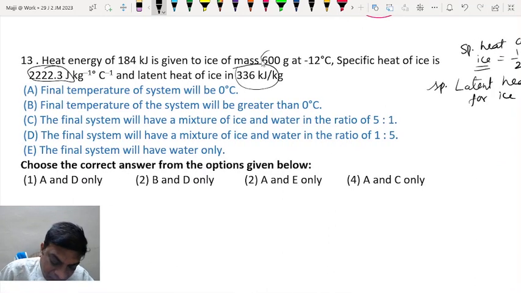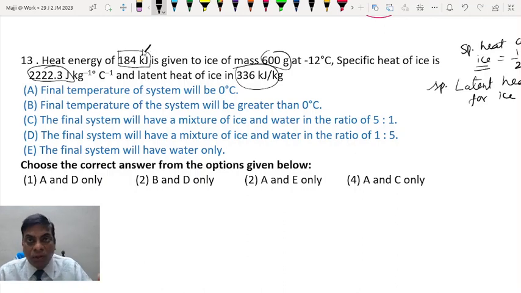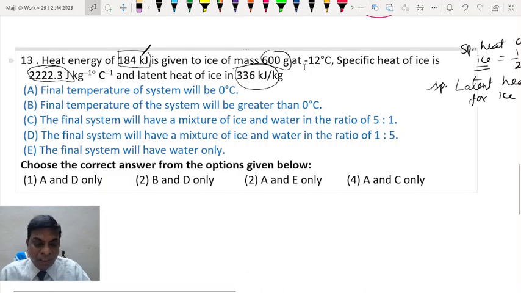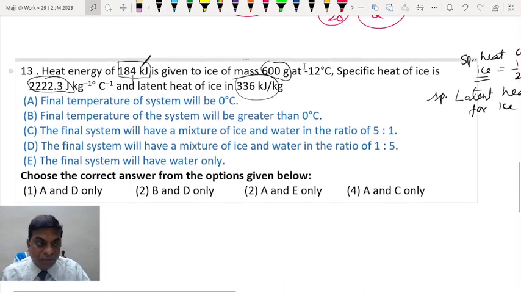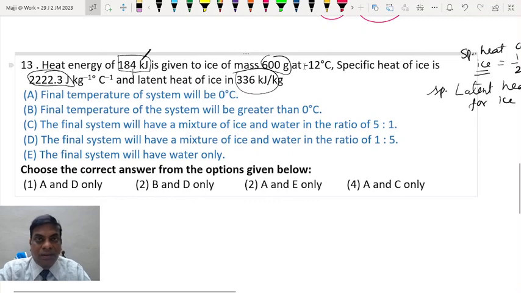Because the heat given is in kilo, instead of 600 gram, let us reduce the entire situation by a factor of 1000. That is, we are dividing all the quantities by 1000. I hope you are getting my point. The situation will not change. Suppose you are giving 1,000 calories to 1 kg of a substance.